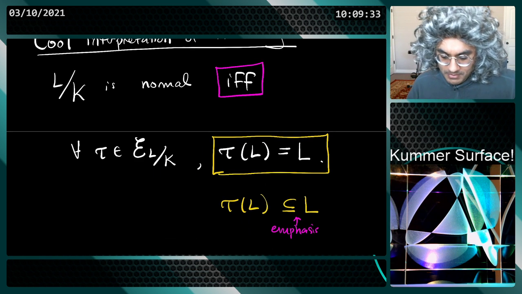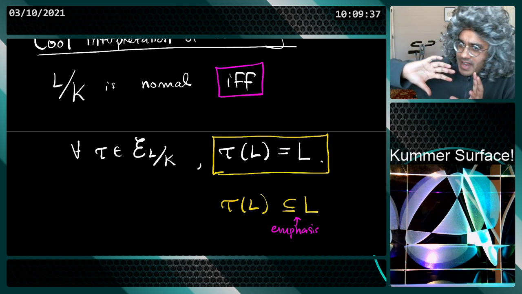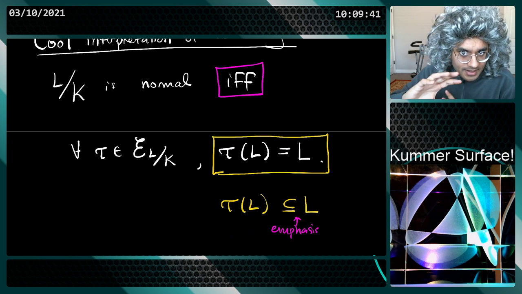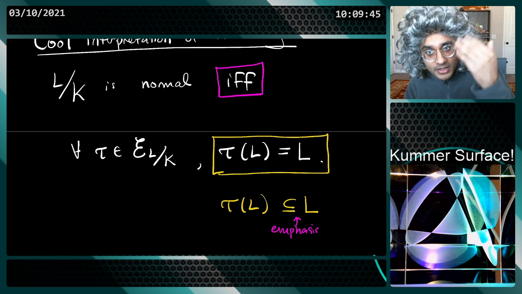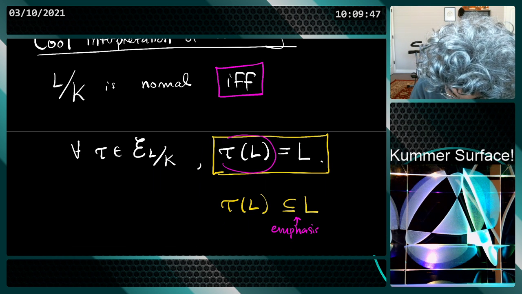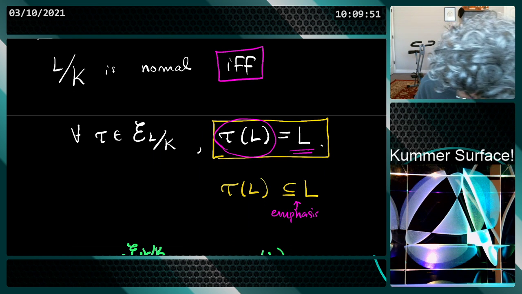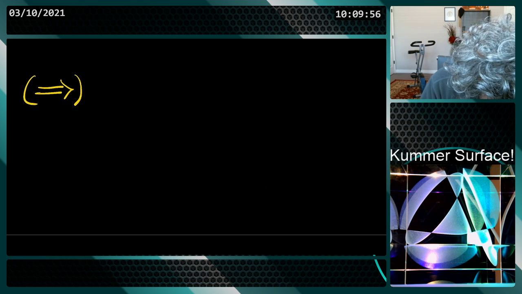So let's prove one direction. If you're normal, then you can't have inventive re-embeddings of the large field as an extension over the small field. They have to all land back inside your field. Let's prove that. I'm anticipating it's easier.